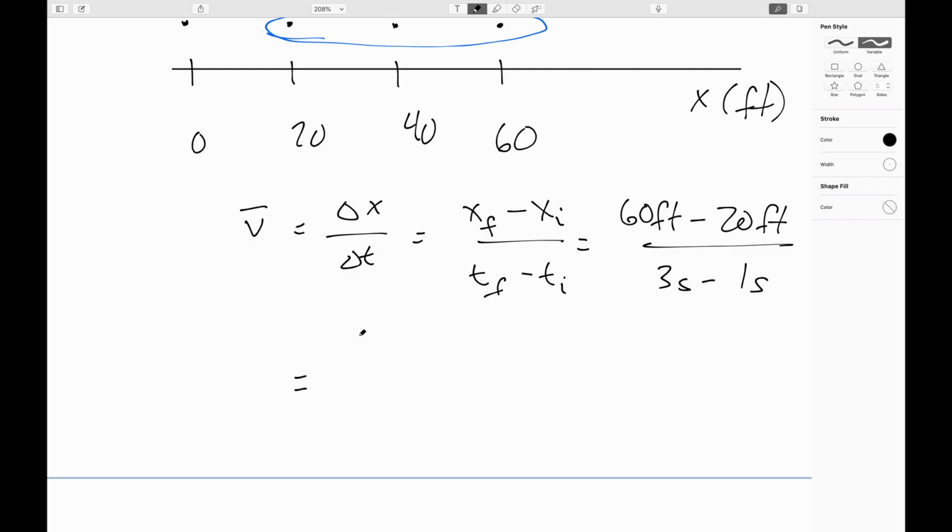So 60 minus 20 is 40 feet, over 3 minus 1 is 2 seconds. So this works out to be 20 feet per second.